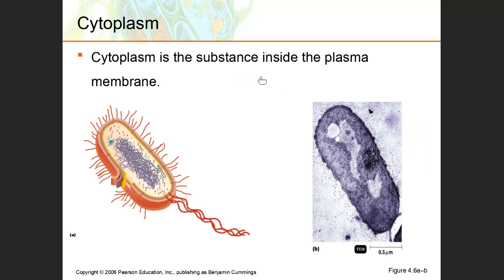So the cytoplasm is everything within the cell membrane. In 150, you probably used the term cytosol more, right? So you remember the term cytosol.